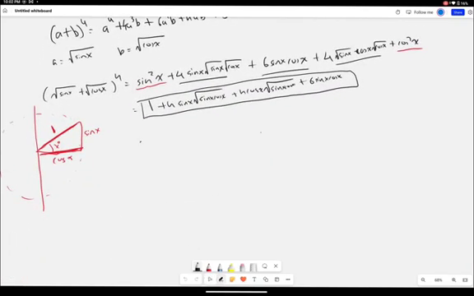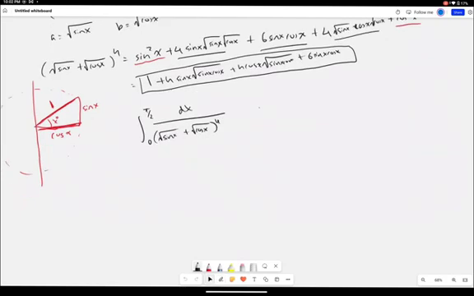So we are given the integral from 0 to pi by 2 dx over square root of sine x plus square root of cosine of x raised to the power of 4.